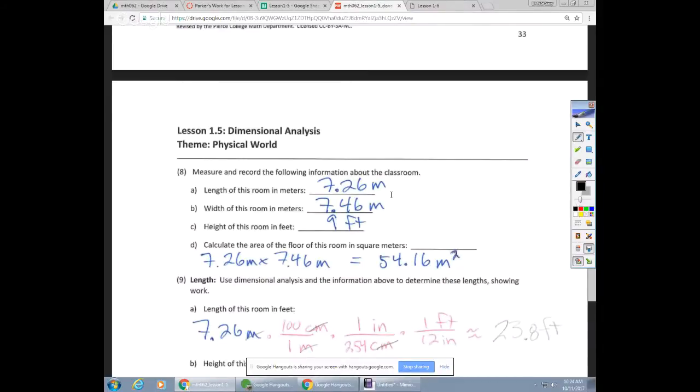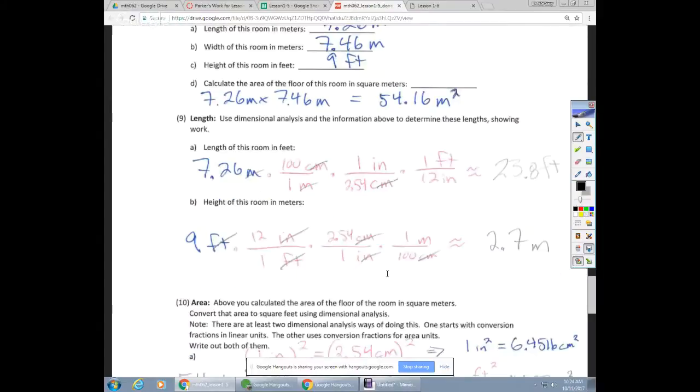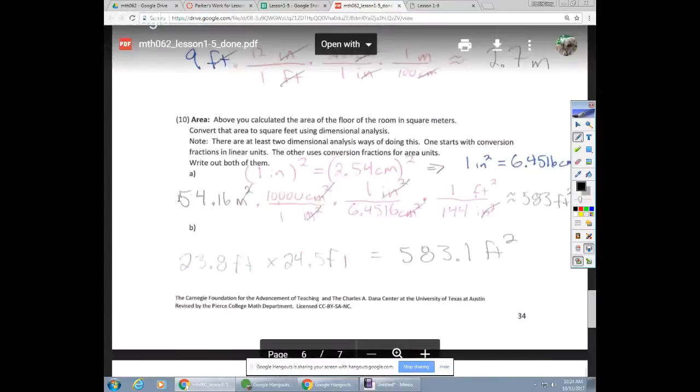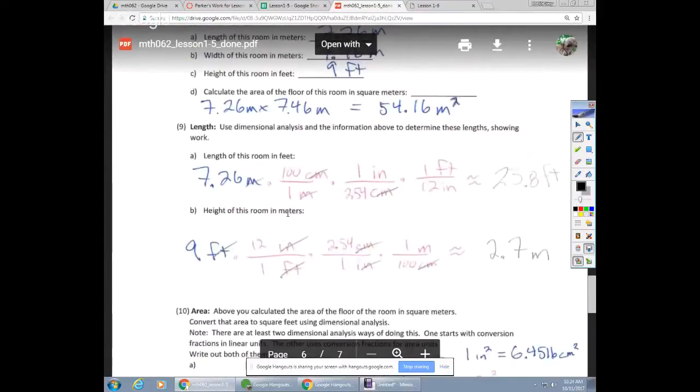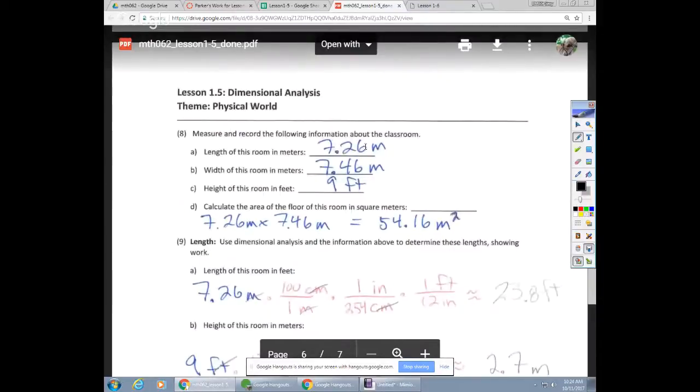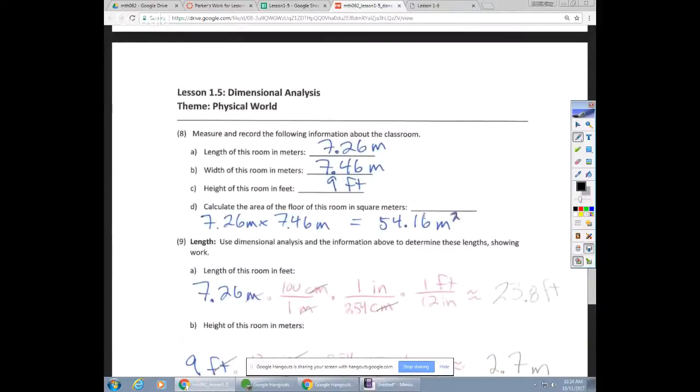So I was confident that these measurements in 8A and B were accurate to 2 decimal places, and any calculations I make on them are still accurate to 2 decimal places. So I had 3 significant figures there. Somebody else might argue that you should really call it 54.2 because you only have 3 non-zero digits here. So there's a couple of ways to think about it.